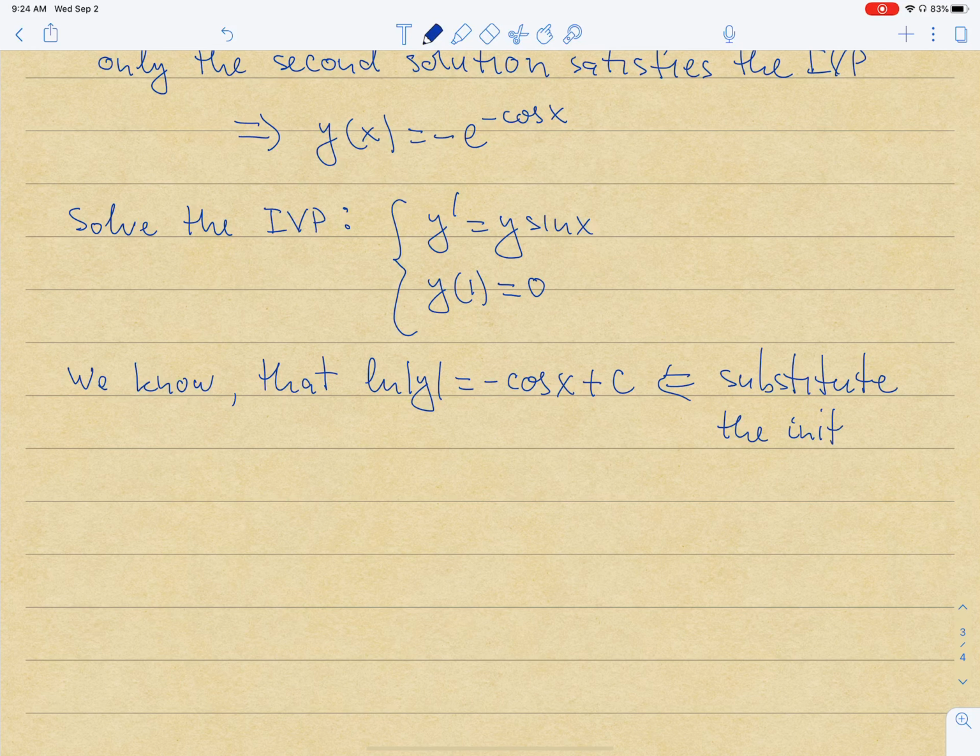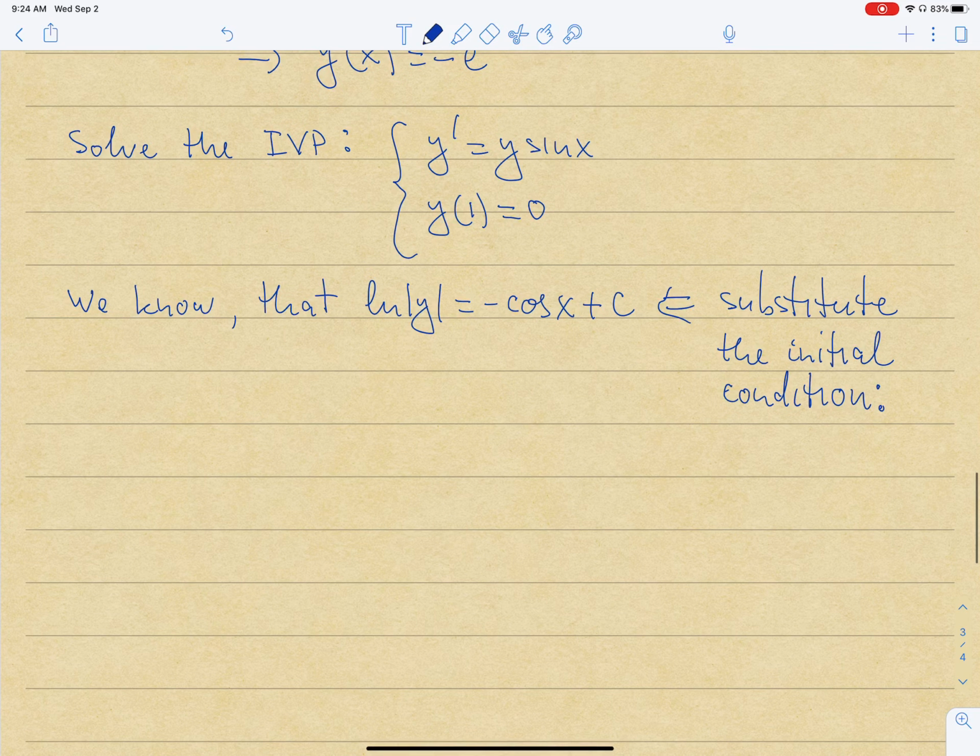And when I do that, I am going to get log of absolute value of 0 is equal to minus cosine of 1 plus c. And I immediately see the problem, right? Because this quantity is undefined, because I cannot take natural log of 0.